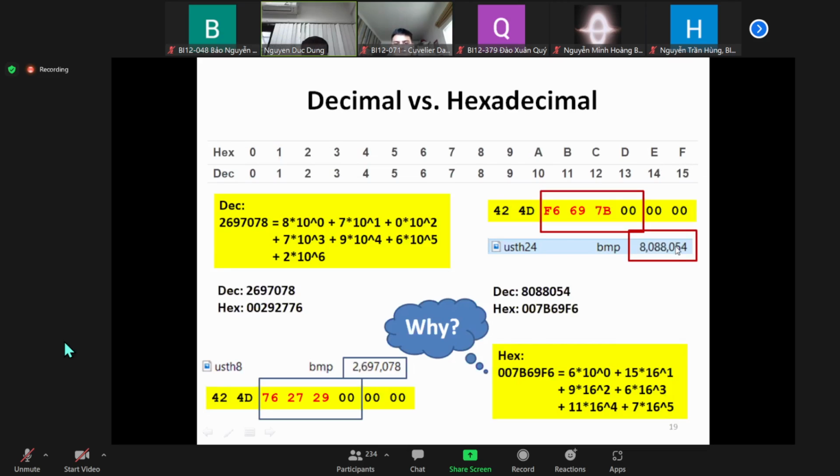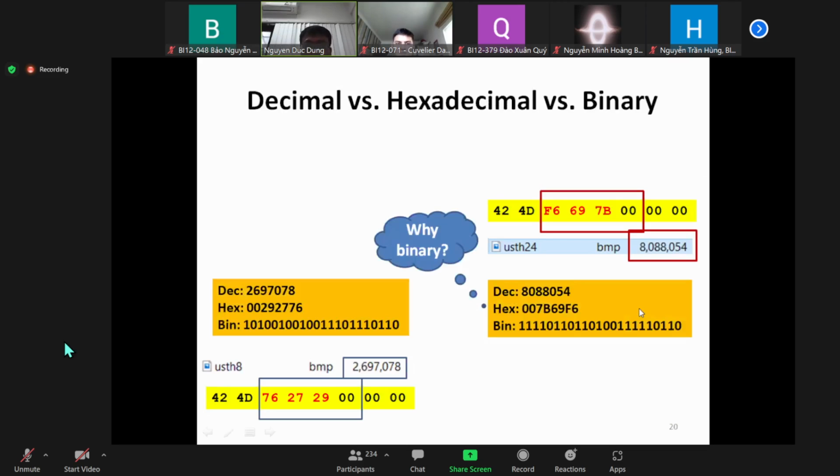So that's the reason. If we store the same number in binary, the string would be very, very lengthy, and of course it's difficult to remember.